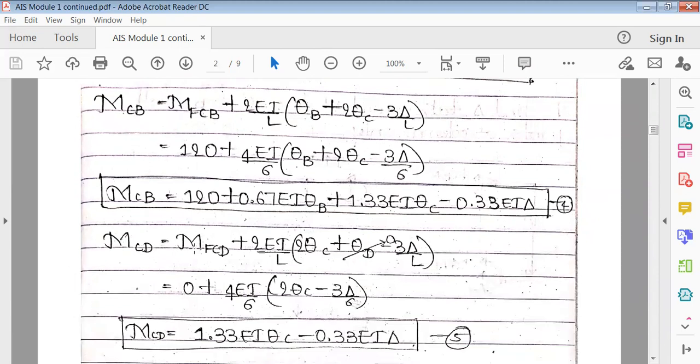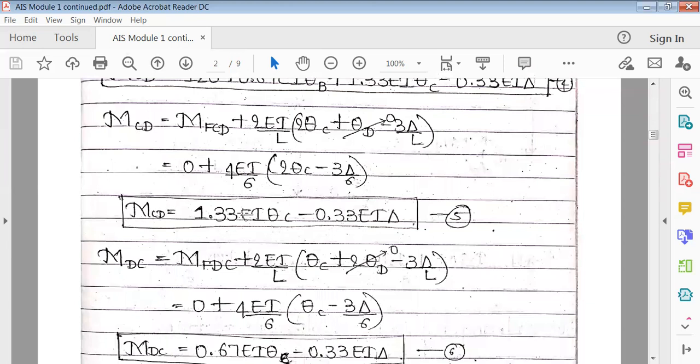Then MCD is equal to MFCD plus 2EI by L, then 2 times theta C, theta D minus 3 delta by L. Again, theta D is 0 because it's a fixed support. Then substitute the values and write this as equation number 5.